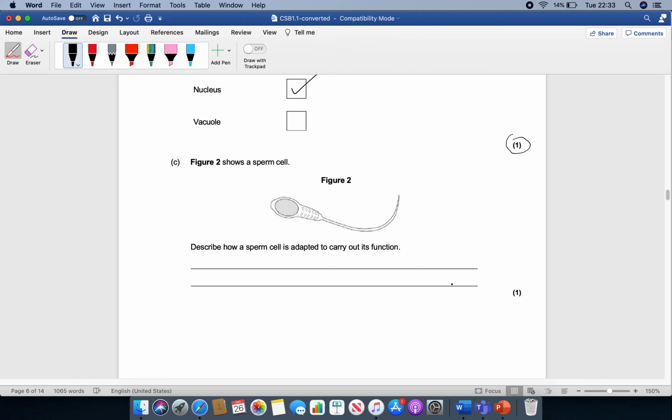So an example here would be, it has this tail, and you have to give a reason: so it can swim to the egg. You can also put mitochondria, because that gives it energy, but one of those reasons would give you 1 mark. Next question.